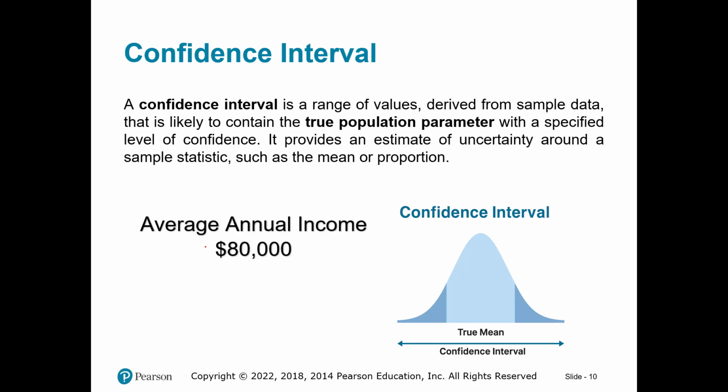For example, we want to calculate the average annual income of the people living in Albuquerque, and if the average we calculate is 80,000 and our confidence interval is 70,000 to 100,000, our calculated average is in between our interval.